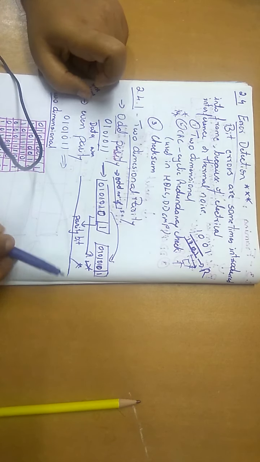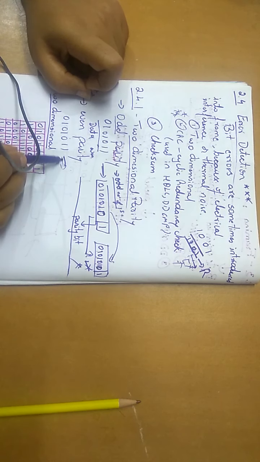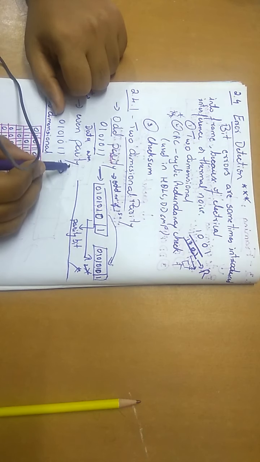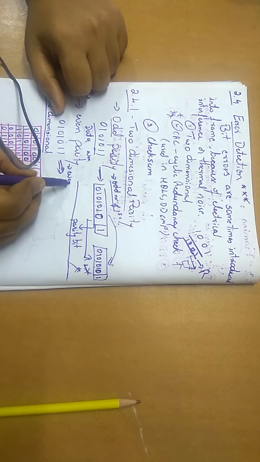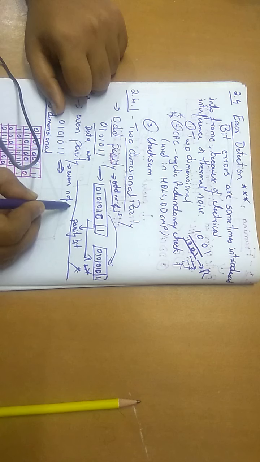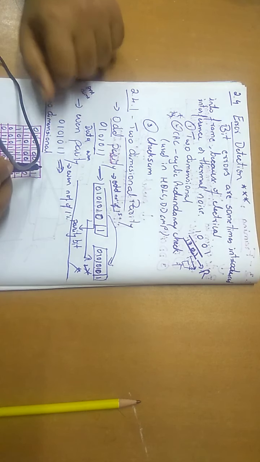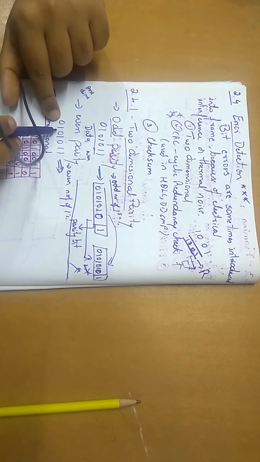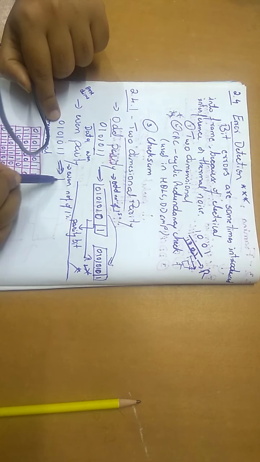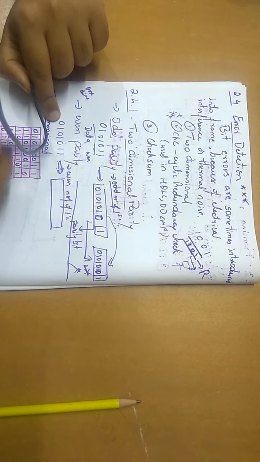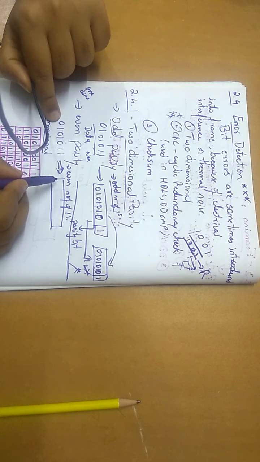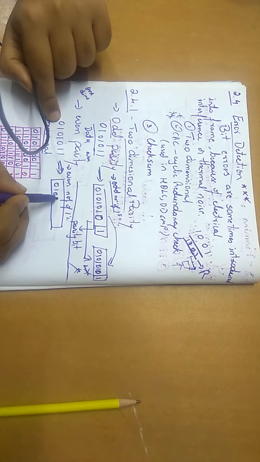Okay, so even parity is the reverse way; we look for an even number of ones. Suppose this is the same data, 0101011. How many ones are there? 1, 2, 3, 4. Four are there, so what do we have to do?